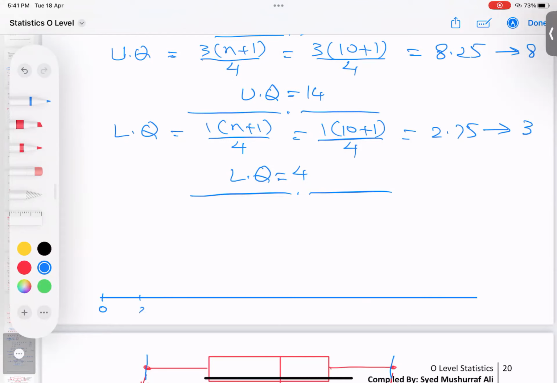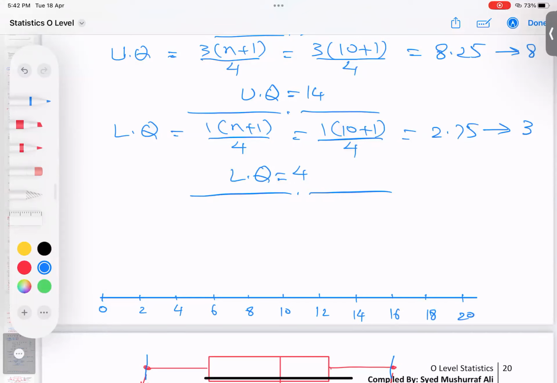Make it expanded: 2, 4, 6, 8, 10. You can make it 1, 2 also, no problem. It depends upon your graph area. So 14, 16, 18, and 20. So let's start.